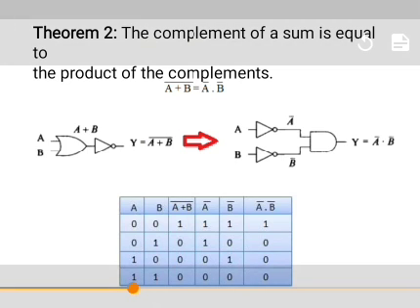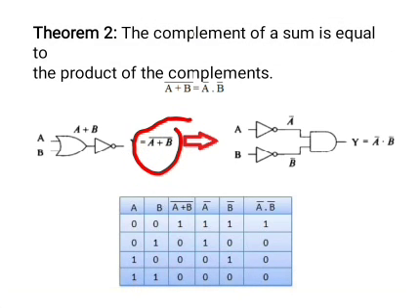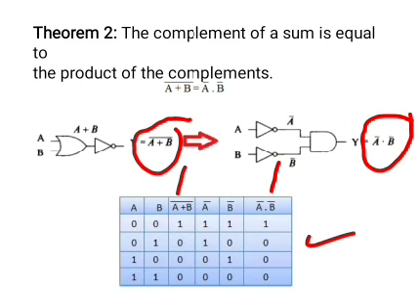By using the truth table, the third column and the fourth column are equal. That means (A plus B)' is equal to A' into B'.